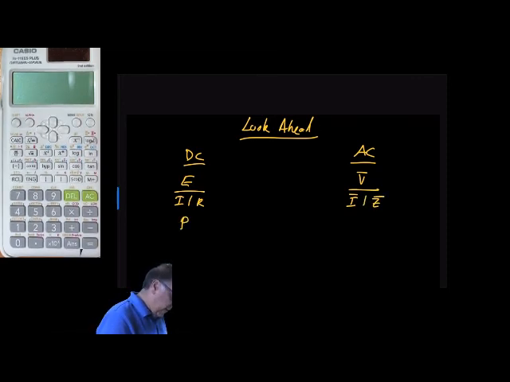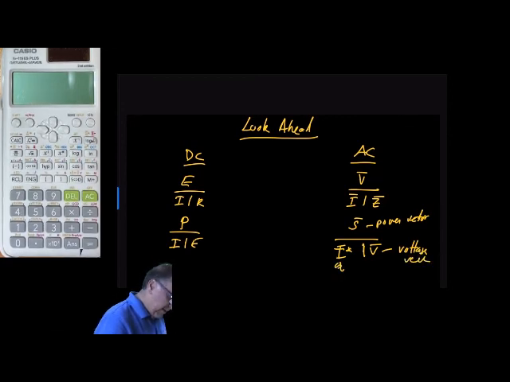And the power in a DC circuit is I E. And in an AC circuit, it becomes S, the power vector, equals V times I star. This is the voltage vector. And this is the complex current. We'll talk about that later.